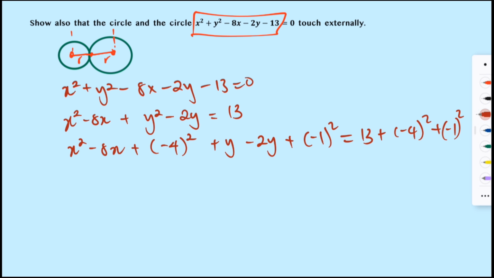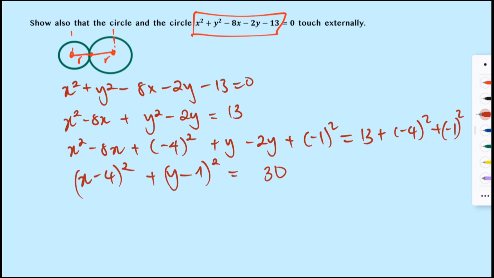Completing the square, we bring these together and we should get (x minus 4) squared plus (y minus 1) squared equals 30.